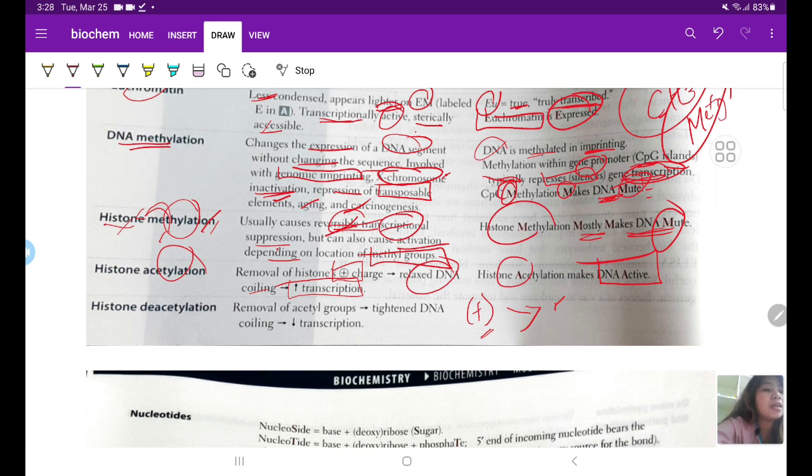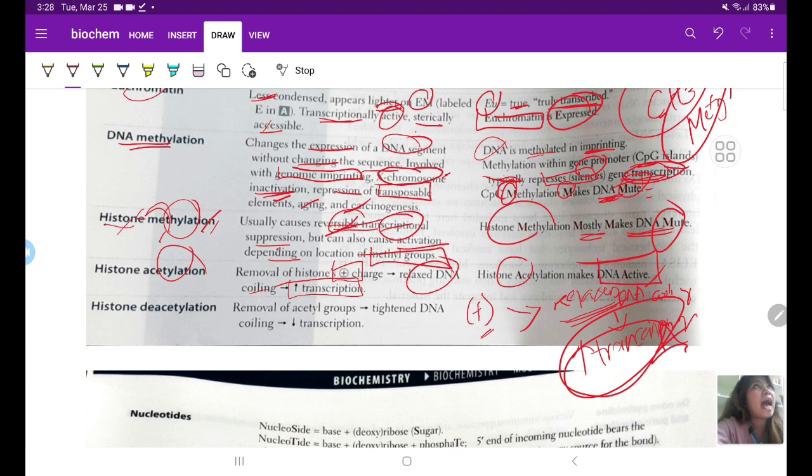So, it relaxes the DNA coiling, and because of this, it increases transcription, which makes the DNA active. There's a mnemonic here: histone acetylation makes DNA active, while histone methylation makes most of the DNA mute, because methylation is mute. Mute. And acetylation is active.